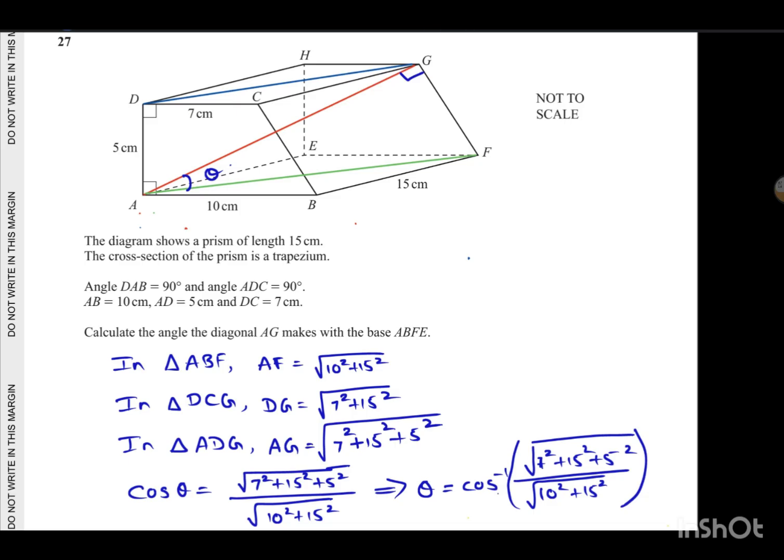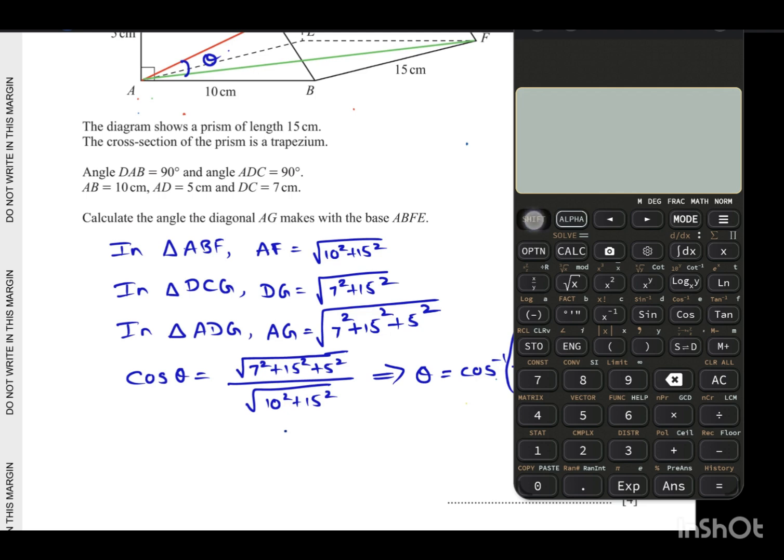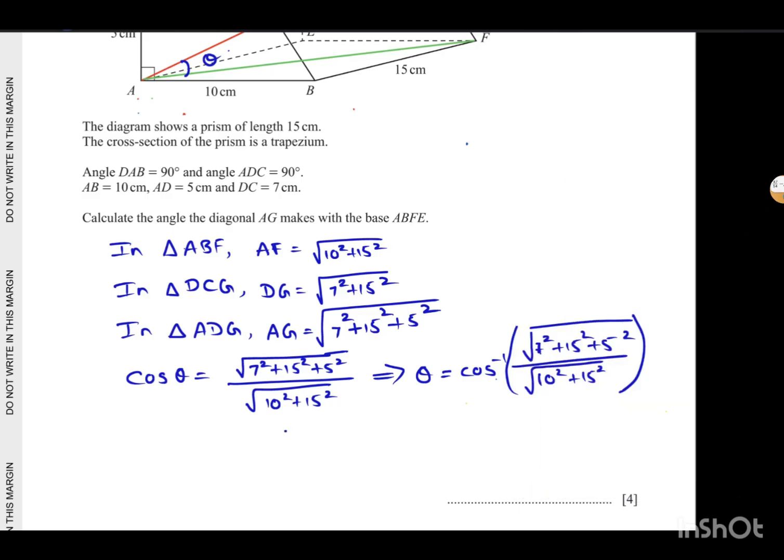Find out using calculator. Cos inverse of square root of 7 square plus 15 square plus 5 square by square root of 10 square plus 15 square, that is equal to 16.429.